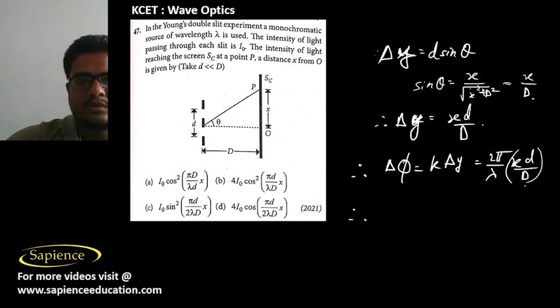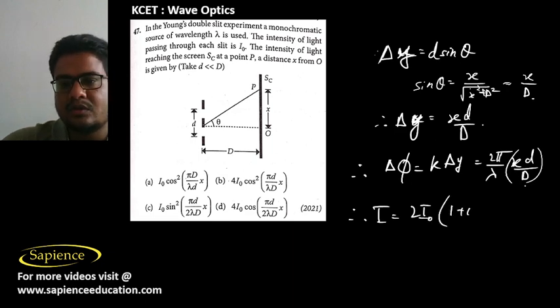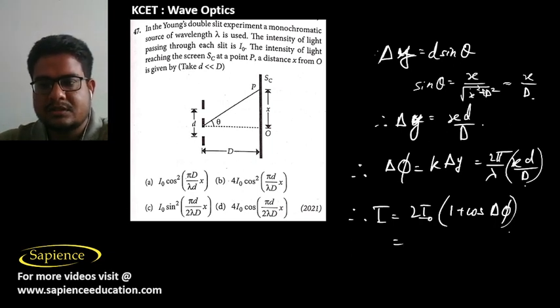Therefore the intensity of light at point P, that is I, will be equal to 2 I naught into 1 plus cos delta phi. So 1 plus cos delta phi, I can write as 2 cos square delta phi by 2.